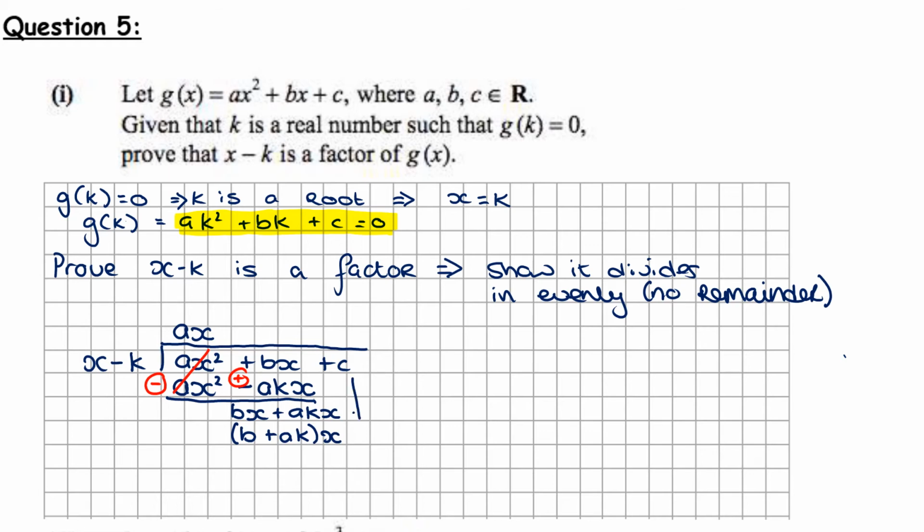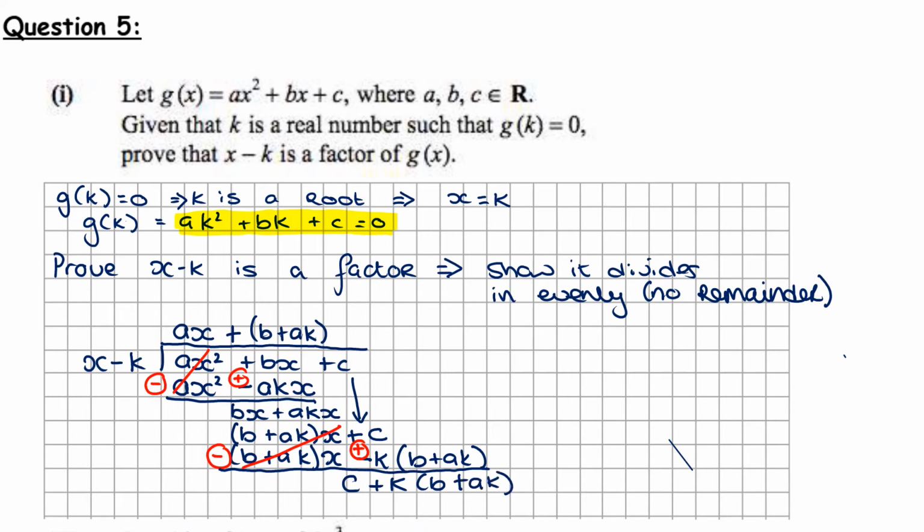We do that for division purposes. When we divide x into this, it goes b plus ak. So we get b plus ak times x minus k times b plus ak. This is a subtraction, this cancels, and this becomes a plus. So we're left with c plus k times b plus ak.